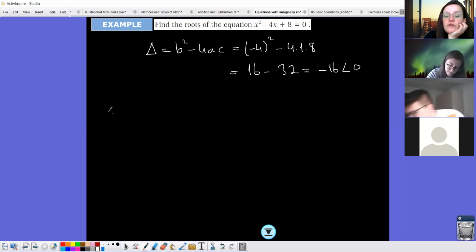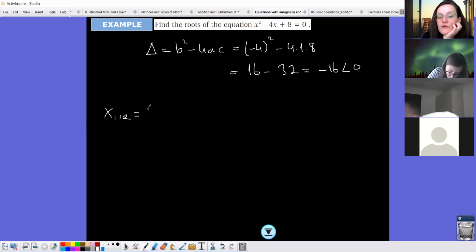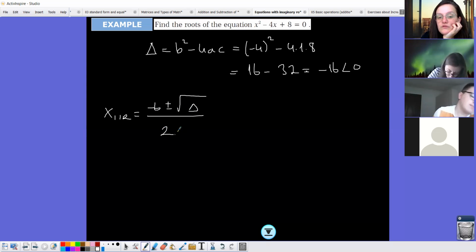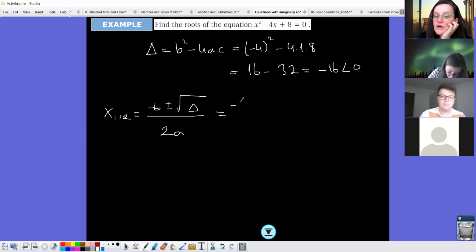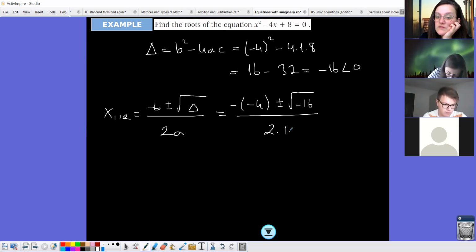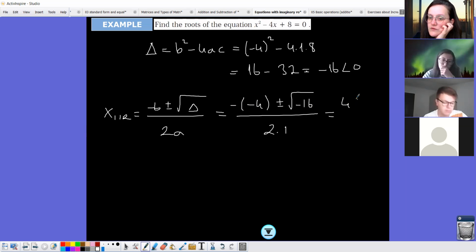Now, I'm writing my quadratic formula. Minus b plus or minus the root of the discriminant over 2a. Then again, our minus b is minus 4 plus or minus the root of minus 16 over 2 times 1. Minus times minus will be plus 4 plus or minus the root of minus 16. The root of minus 16 will be 4i, over 2.